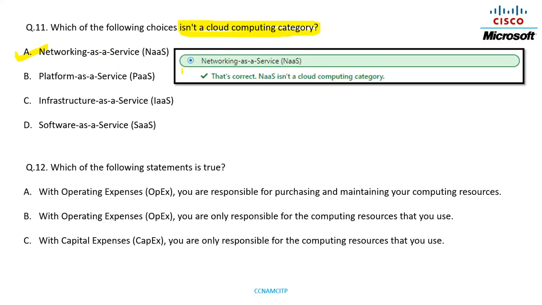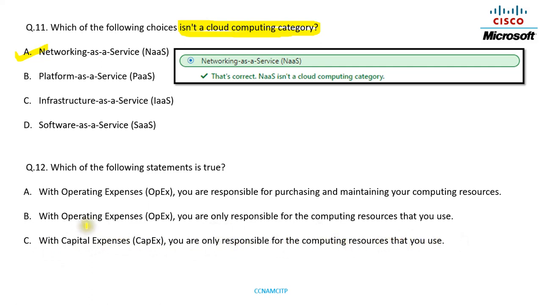Now, which of the following statements is true? It is asking about operating expenses. With operating expenses, you are responsible for purchasing and maintaining your computing resources. The next one is, with operating expenses, you are only responsible for computing resources that you use, and with capital expenses, you are only responsible for computing resources that you use.